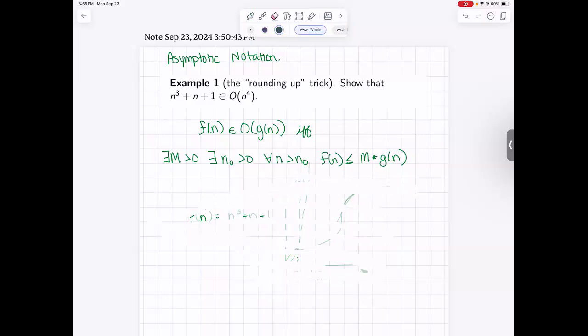So let's just write that in plain English so that we don't forget what it means.